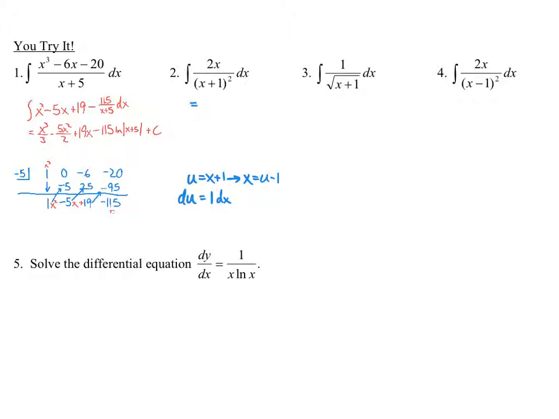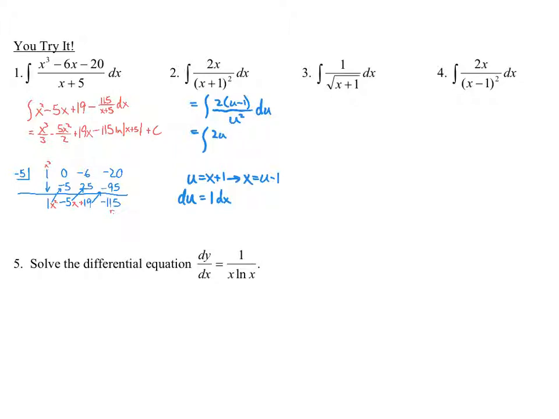Okay? So we've got the integral of 2 times u minus 1 over u squared du. Then you open the parentheses and separate them to subtract.